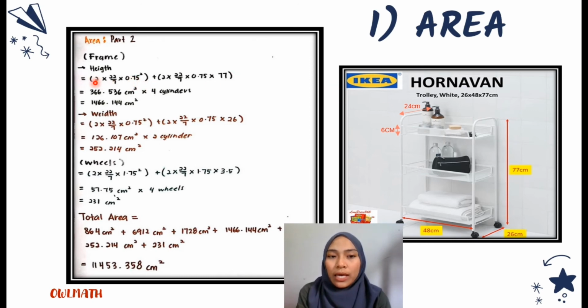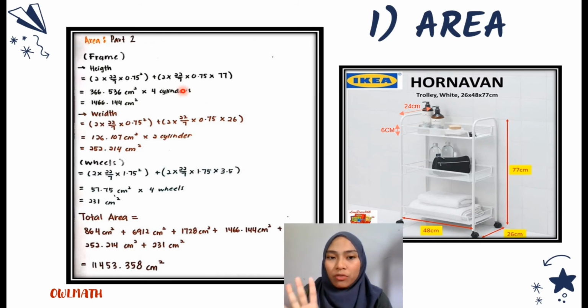So we calculate 2 times pi times 0.75 squared plus 2 times pi times 0.75 times 77. The total is 366.536 cm squared.